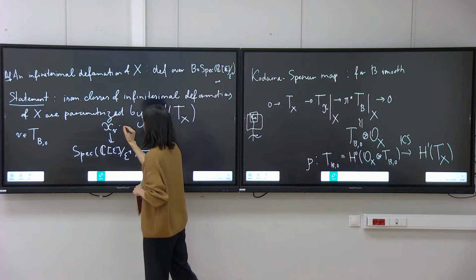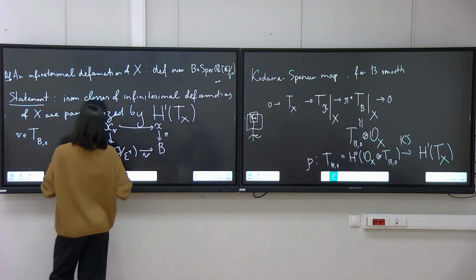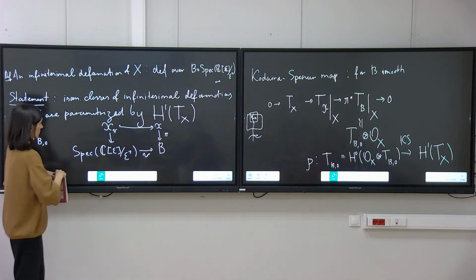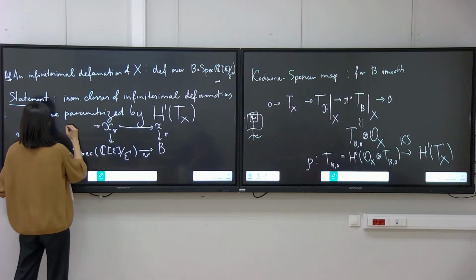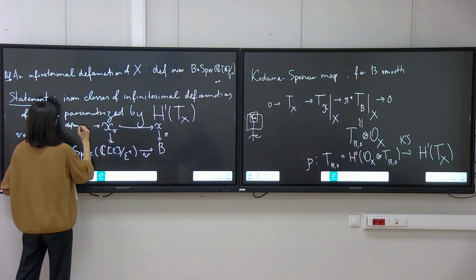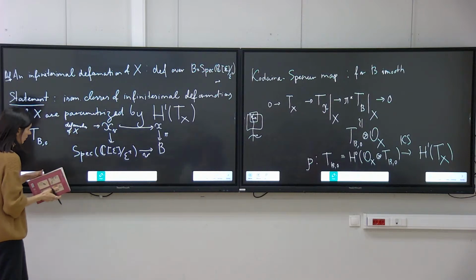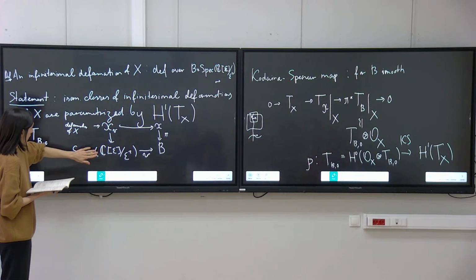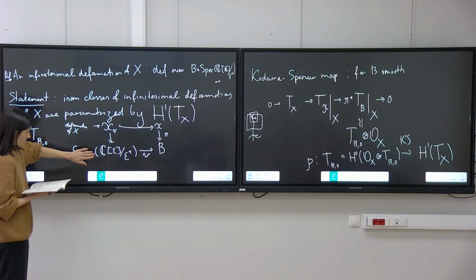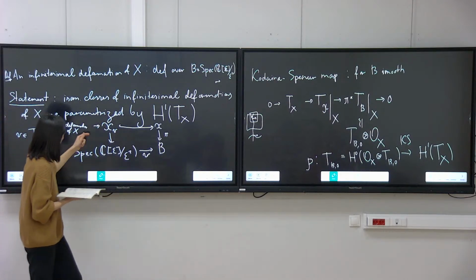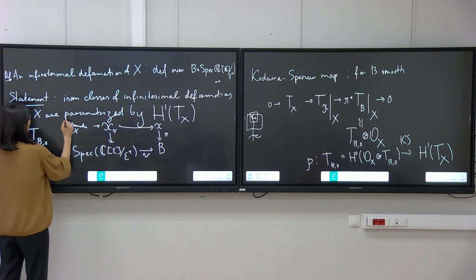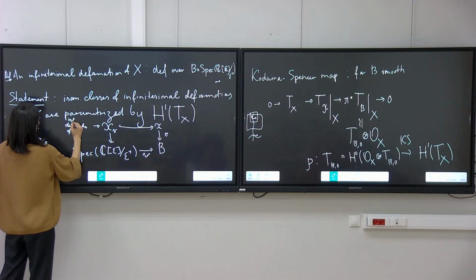And this will also be a deformation of X, right? This is a deformation of X. Okay, and now the Kodaira-Spencer map. Yes, and this is of course an infinitesimal deformation.